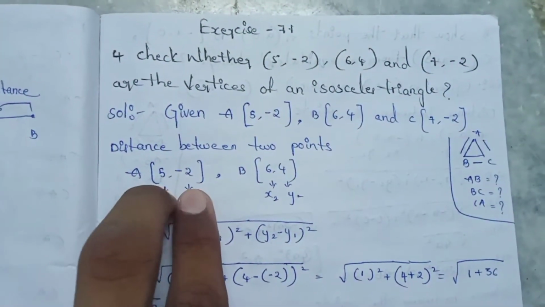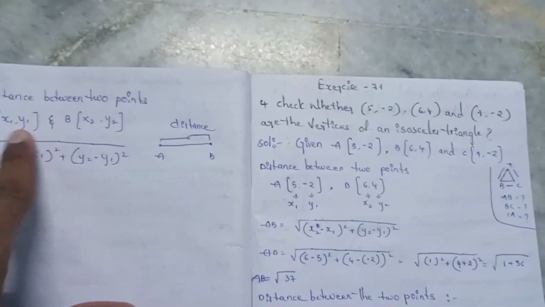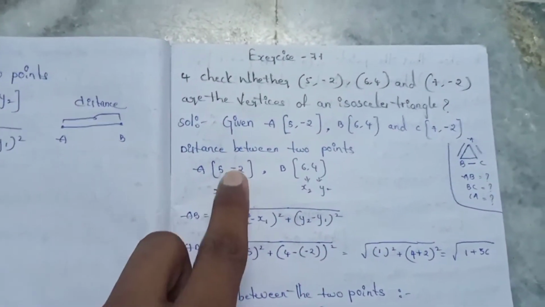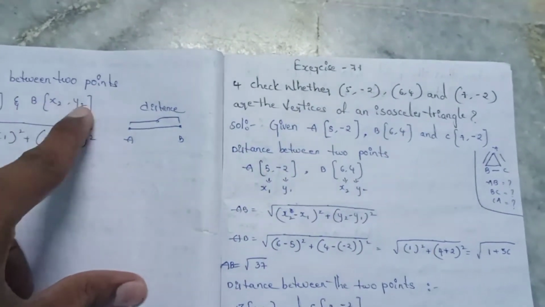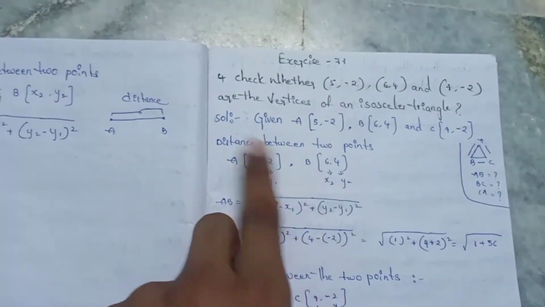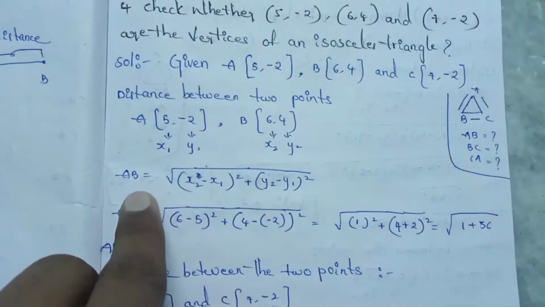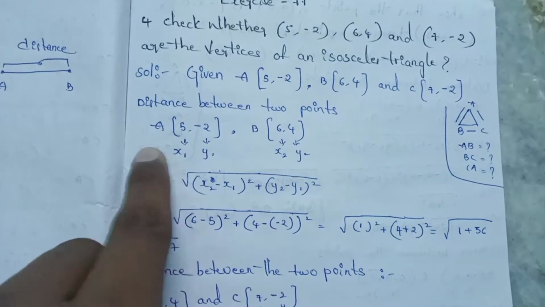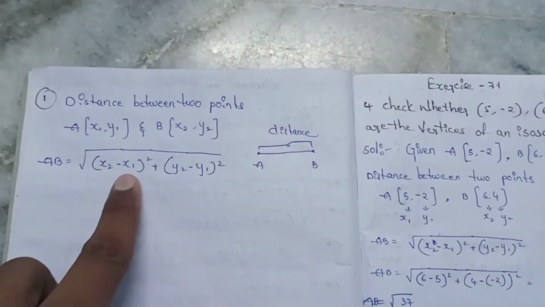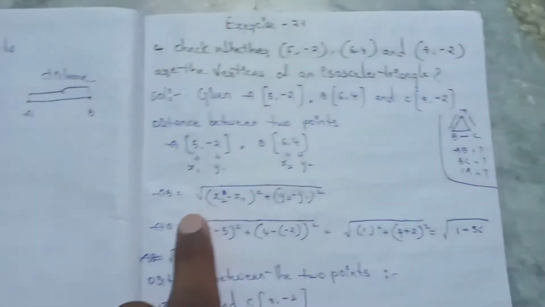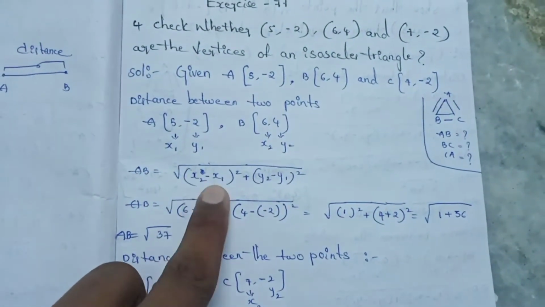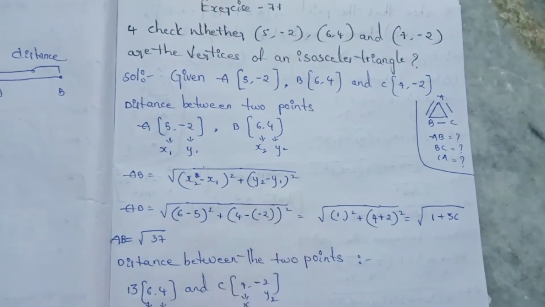So here x1 is 5, y1 is -2, x2 is 6 and y2 is 4. Now what is the formula of AB? AB is equal to root of (x2 minus x1) whole square plus (y2 minus y1) whole square.